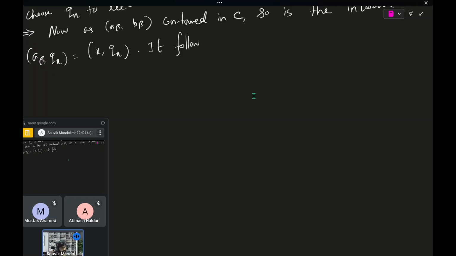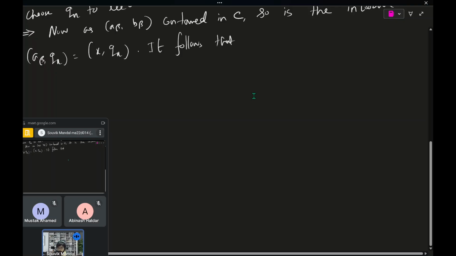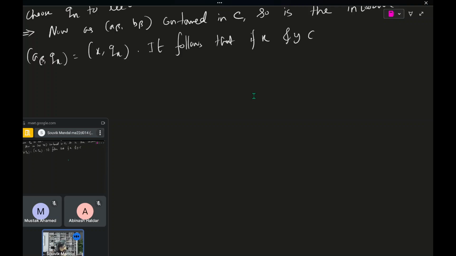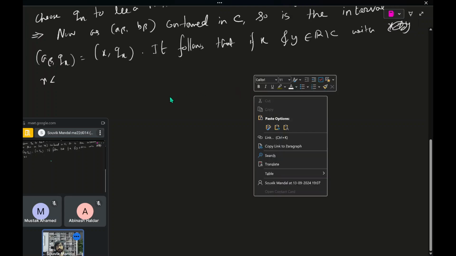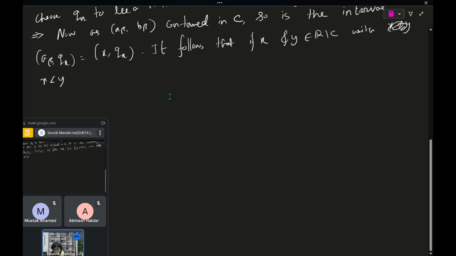It follows that if x and y are two points in the complement of C with x less than y, then q_x is less than q_y.